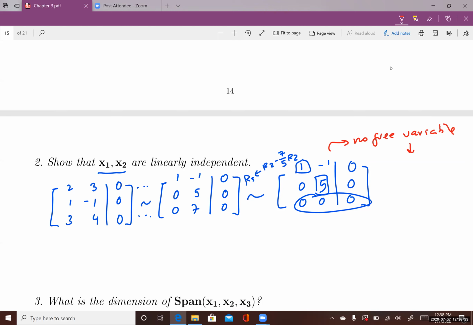That means the two column vectors... I call the system Bx equals 0, this is B, right? Bx equals 0 has only trivial solutions.